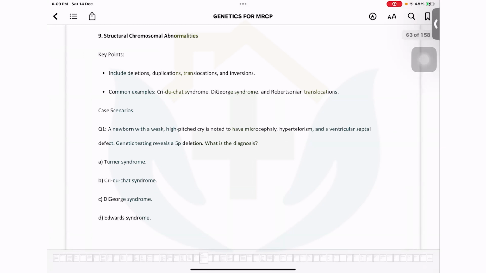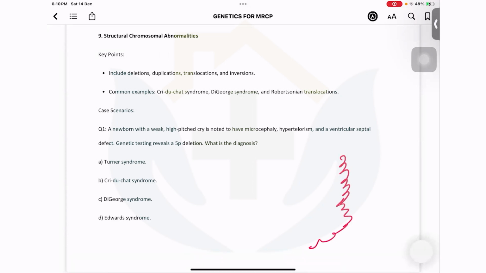So this was about multifactorial genetics. Now coming to structural chromosomal abnormalities. Each chromosome is taken from one parent, so each limb of the chromosome, this is how the chromosomes are formed. Let us say some part gets deleted, or some part gets duplicated, or some part gets translocated, or some part gets inverted.